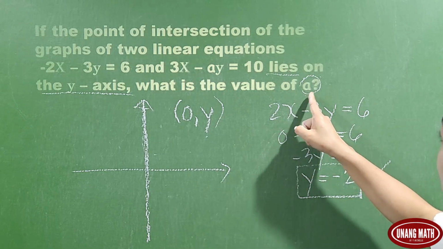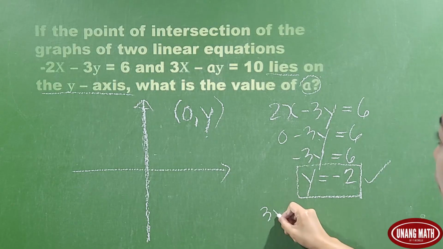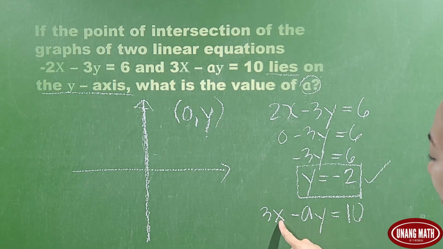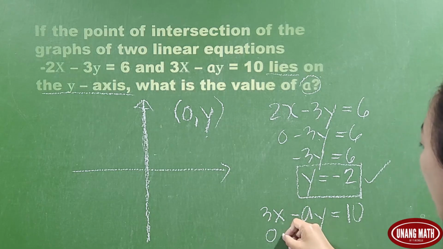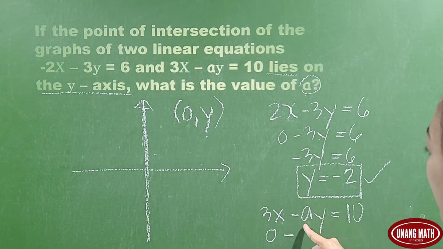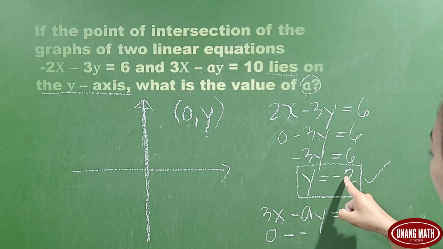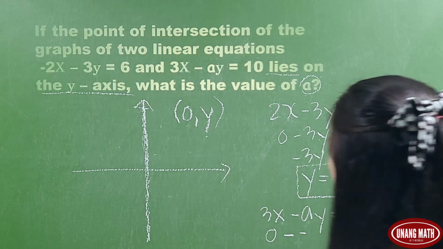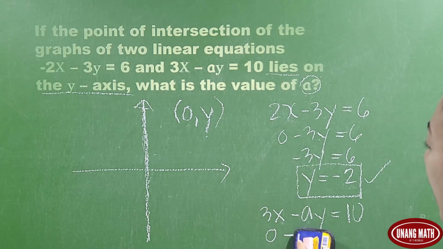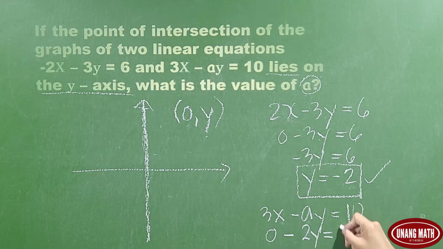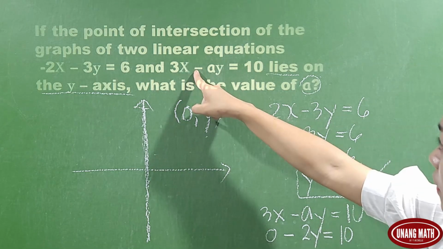Okay, to find the value of a, we get this equation. So 3x minus ay is equal to 10. So x is 0. So this is 0 minus, we have here negative a times negative 2. Okay, take note, this is negative ay.